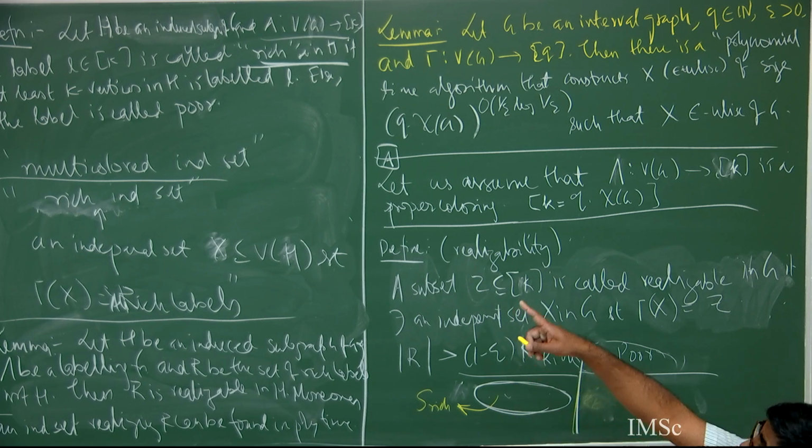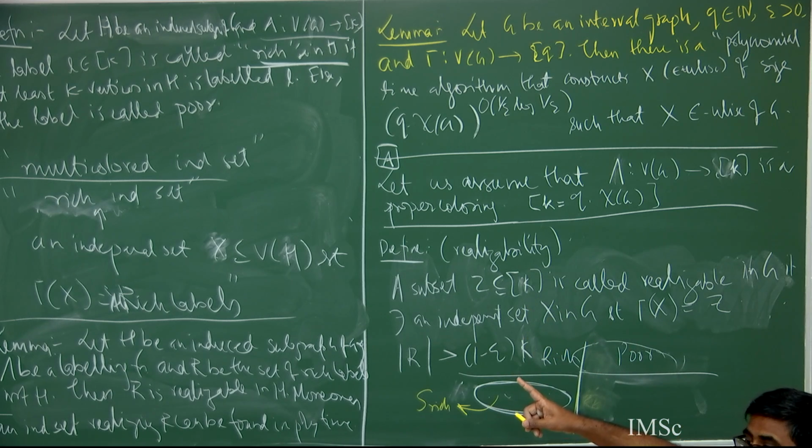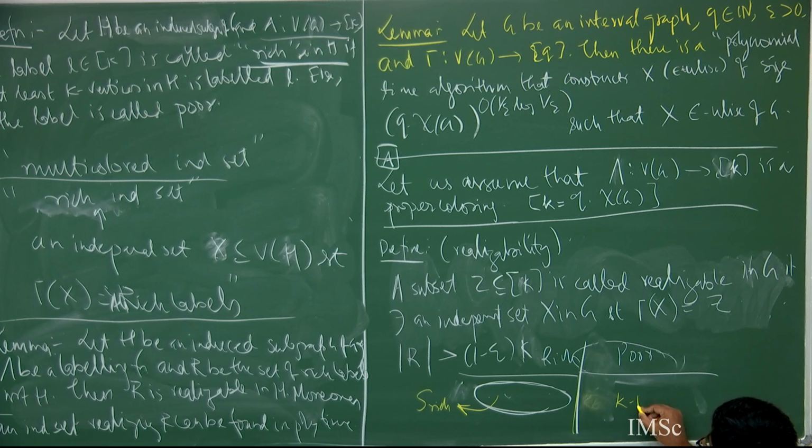Read the definition. There are k labels and a label is poor if strictly less than k vertices are assigned to it. So basically this is k minus 1 times k, roughly k squared. So the number of vertices that have been assigned a poor label is bounded by k squared by definition.